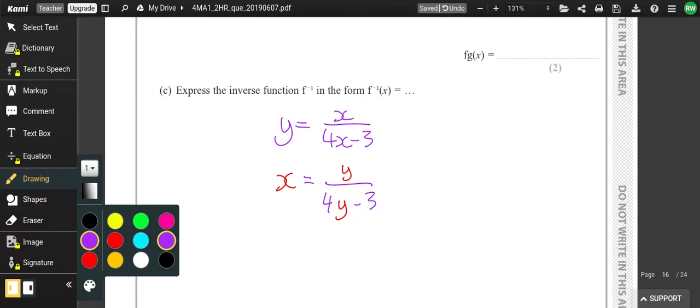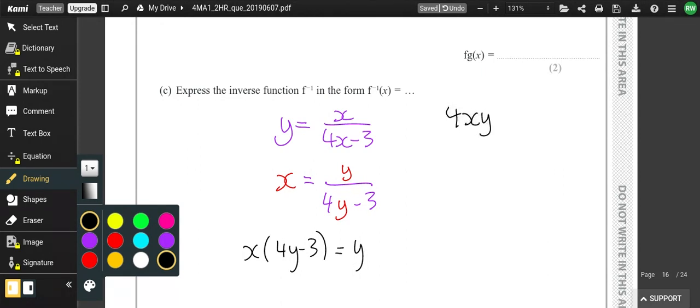Every instance, not some of you just did one of the x's. You have to do all of those. And now we're going to cross multiply, x brackets 4y minus 3 equals y. Multiply that out, 4xy minus 3x equals y.